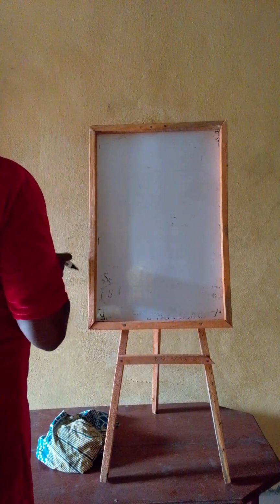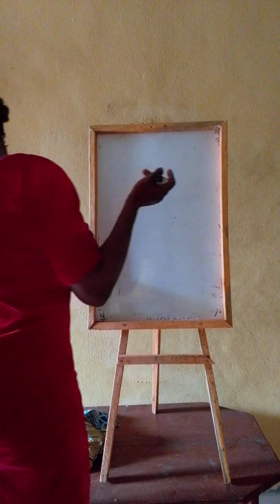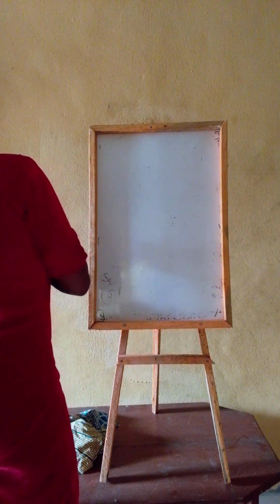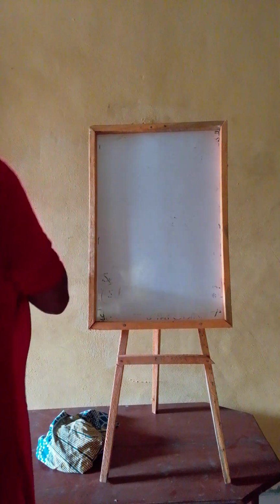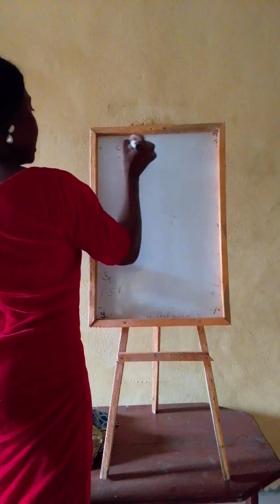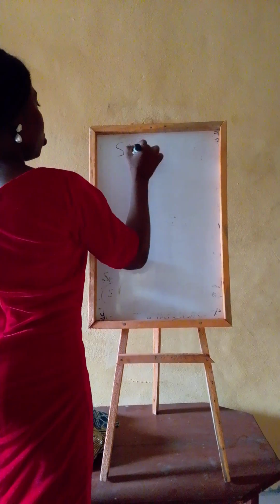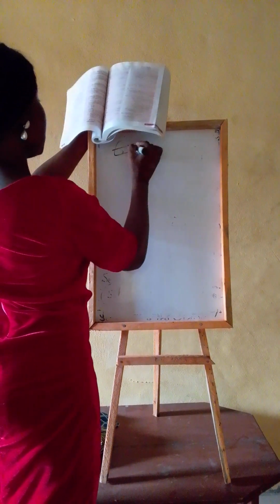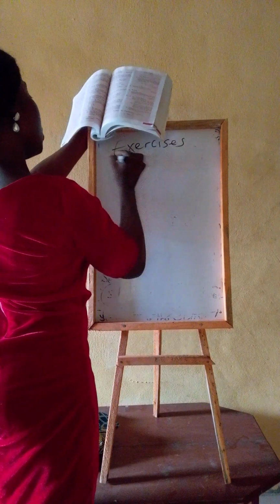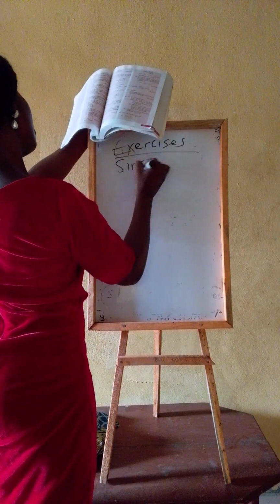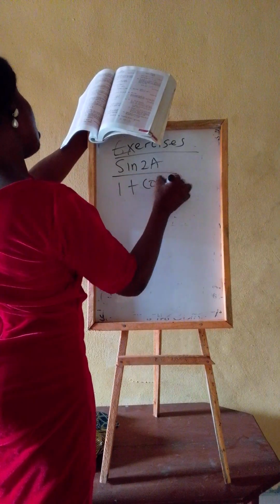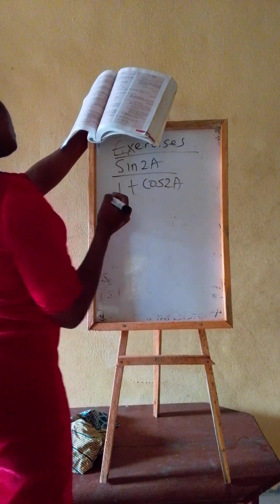Exercises: we have sine 2a over 1 plus cos 2a.